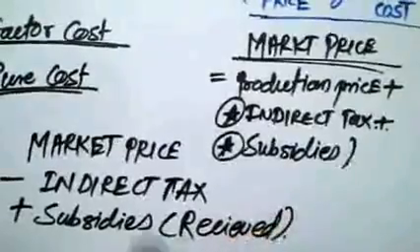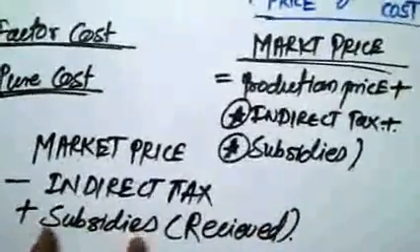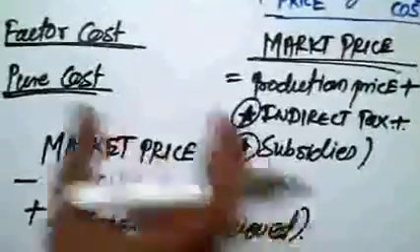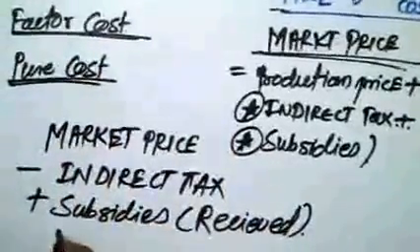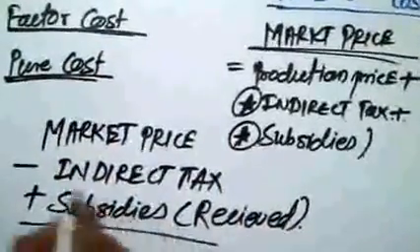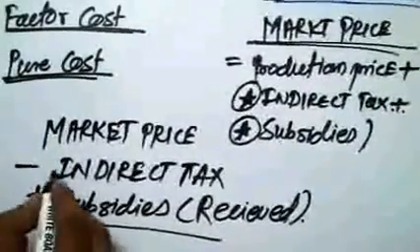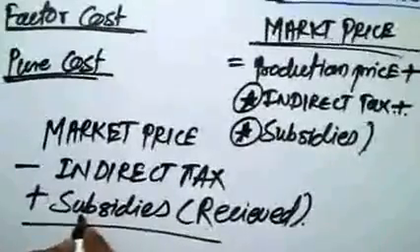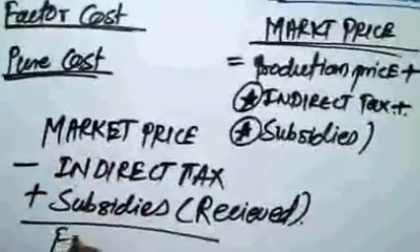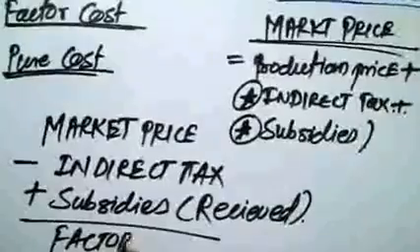Why the plus here? Because subsidies are received for the goods we produce in a country or in a factory. So when you adjust for the indirect taxes and subsidies provided for the goods from the market price, we get the factor cost.